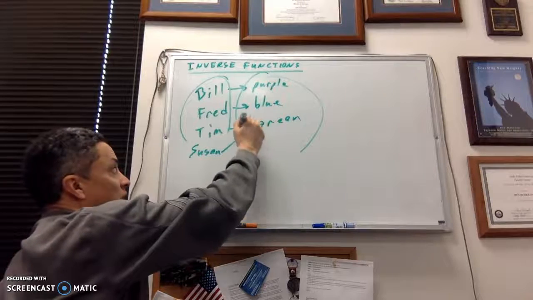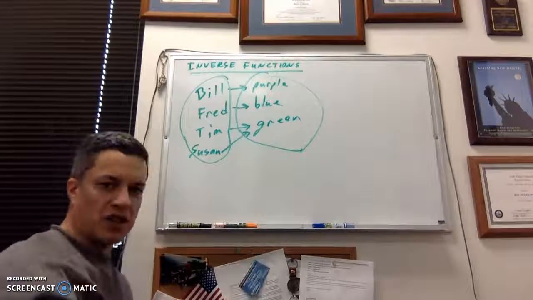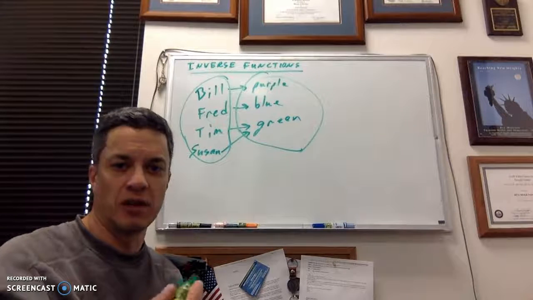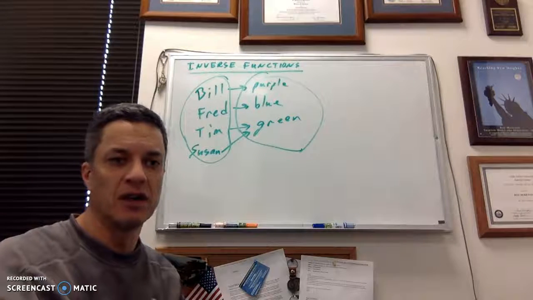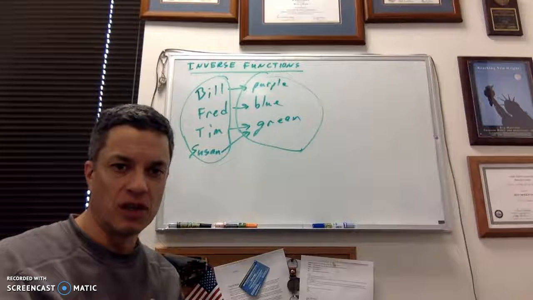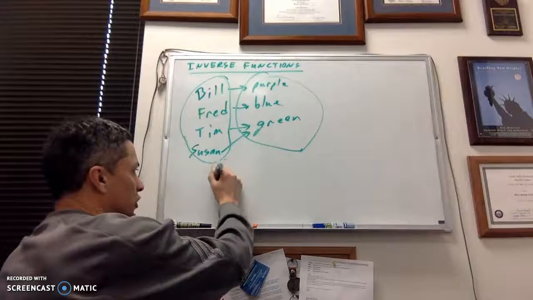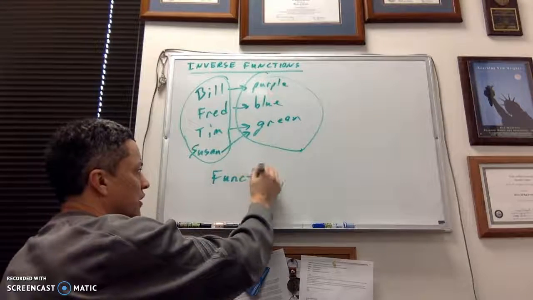And Susan just happens to also like green. Okay, do I have a function now? Well, each element in my domain is getting used once. Green's getting used twice, but that's a non-issue for functions. Okay, hold that thought. So what I have is I have a function.